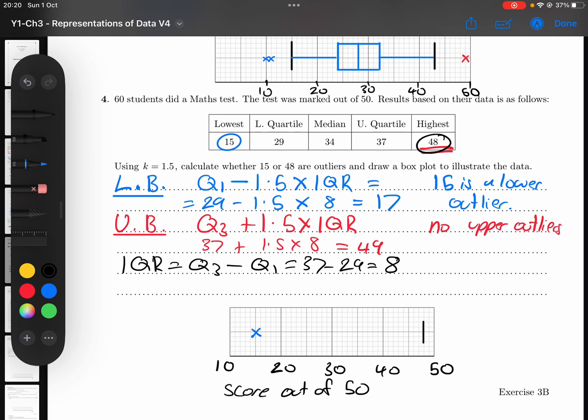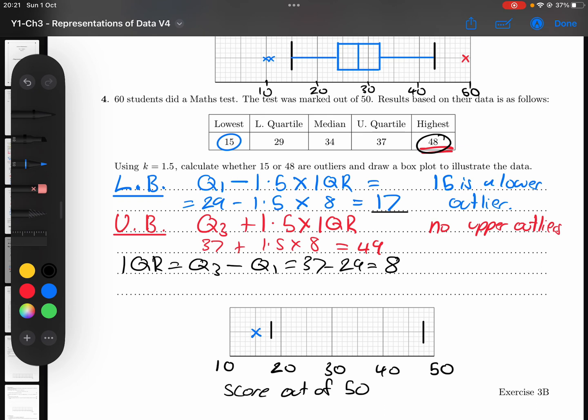And then, because we've got some lower outliers, we're actually going to do our cutoff of 17. So we've got our minimum and maximum values that weren't outliers.